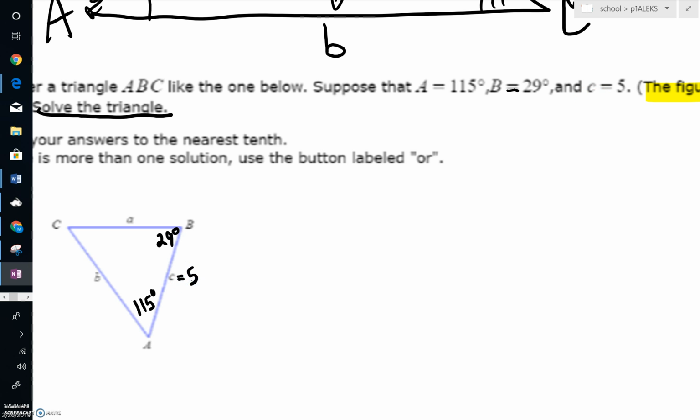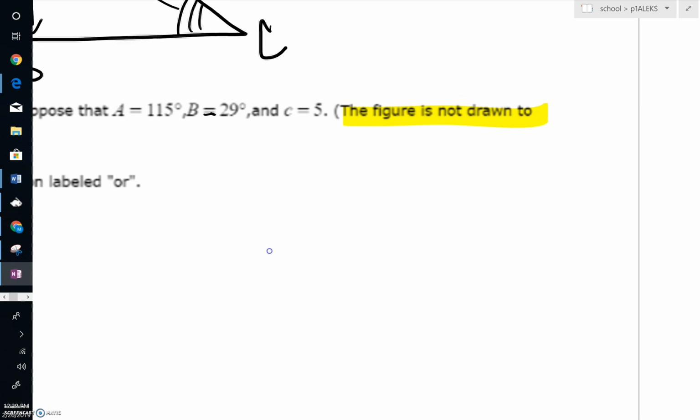And first, notice that this 115 degree angle, it sure doesn't look like it's really 115 degrees. In fact, little angles like that are less than 90 degrees, and you might fear that something is seriously wrong.